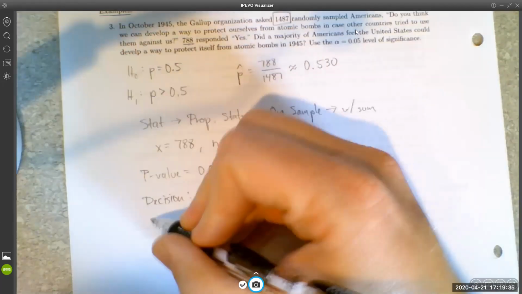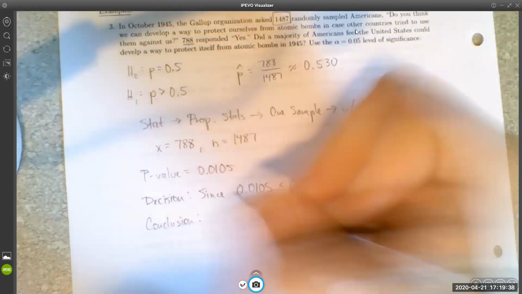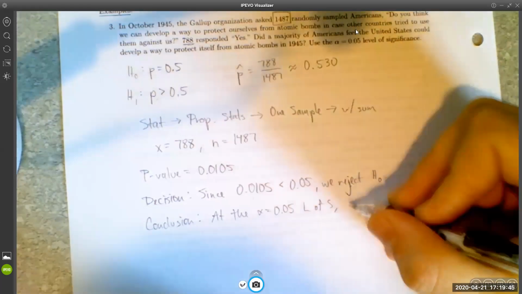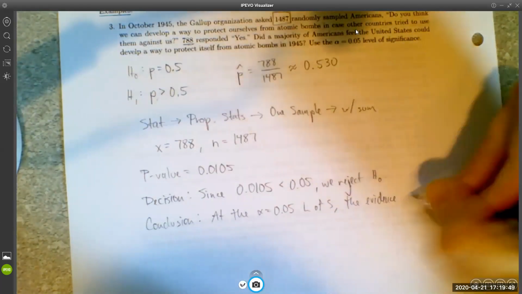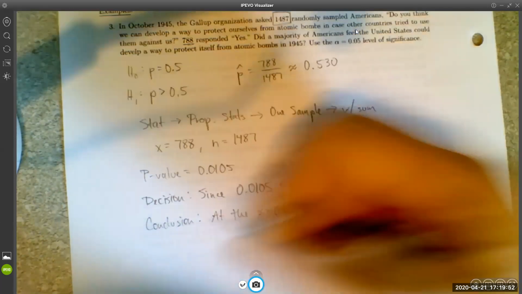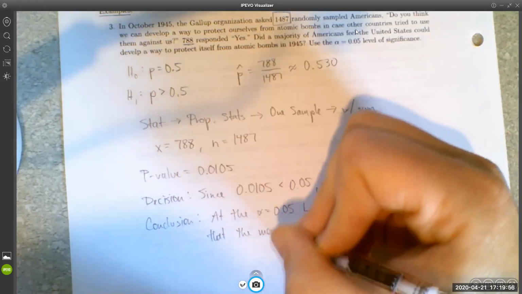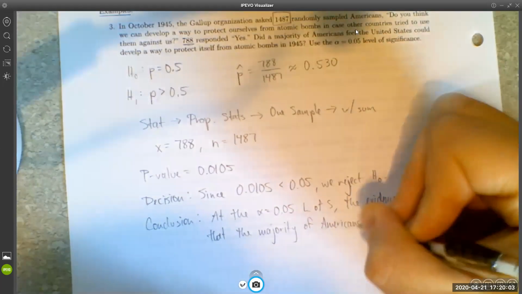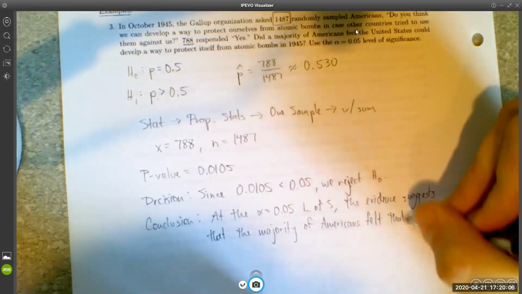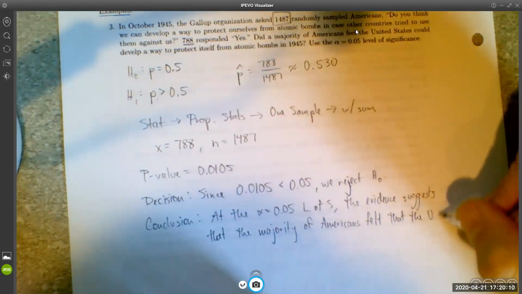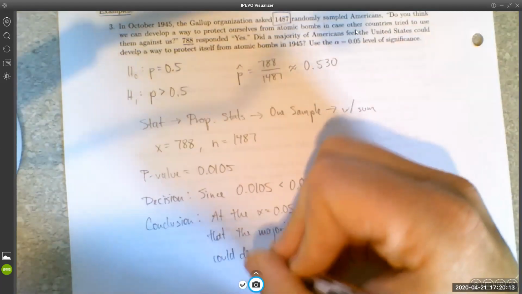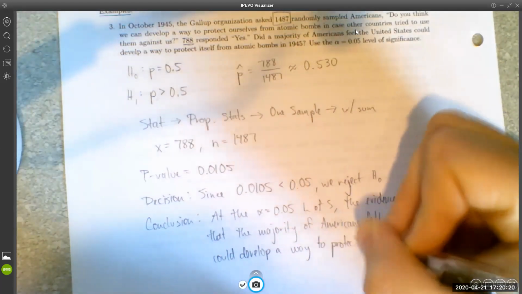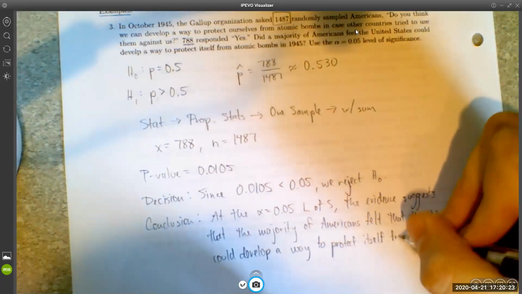So we're going to say, in conclusion, that at the 0.05 level of significance, the evidence suggests that the majority of Americans felt that the U.S. could develop a way to protect itself from the atomic bomb.